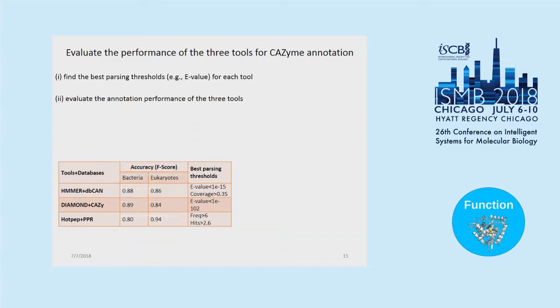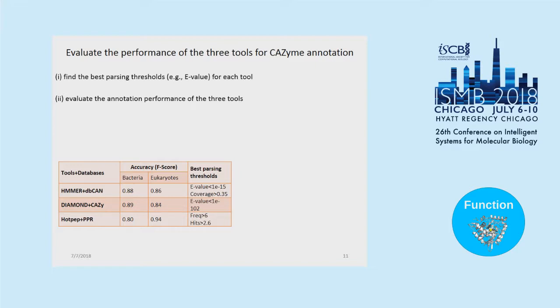We tried a number of different thresholds and found the best thresholds, and with those best thresholds, we calculated the F-score for the three methods.